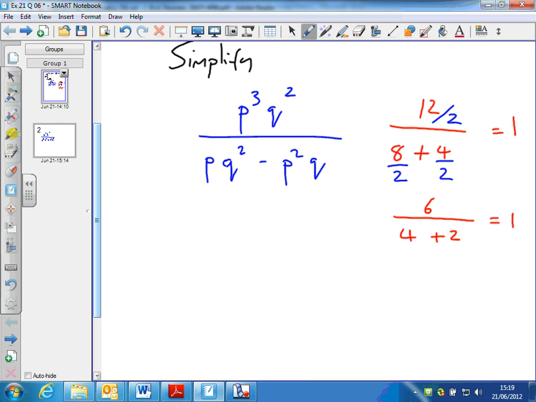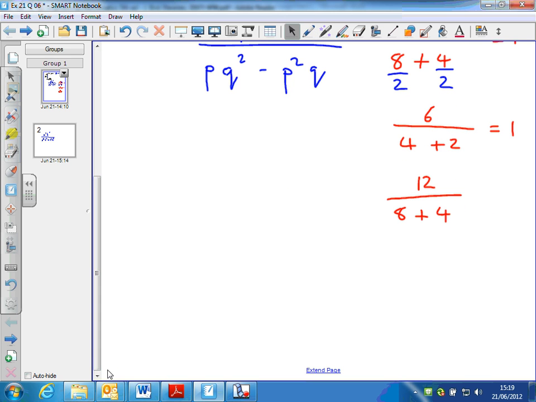Note also, if I go back to this original question, 12 over 8 plus 4, there's a bigger number that goes into 12 and 4 and 8, and that's 4. So I could actually decide to divide each of these terms by 4.